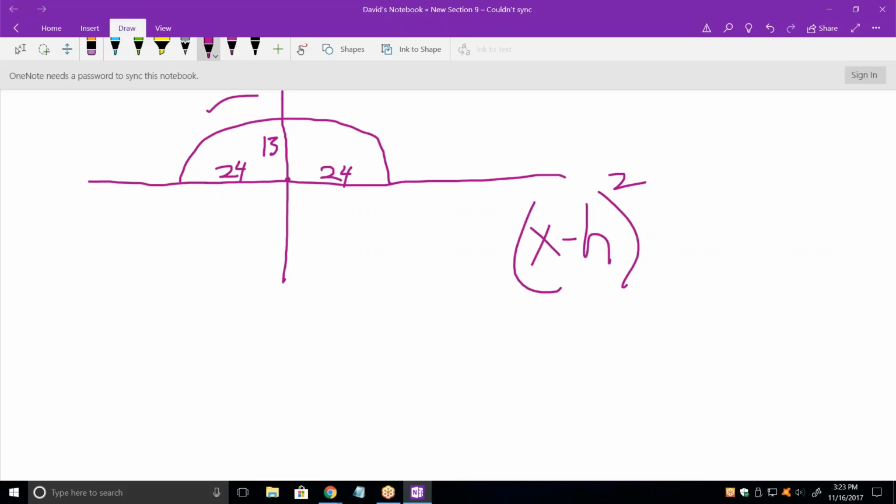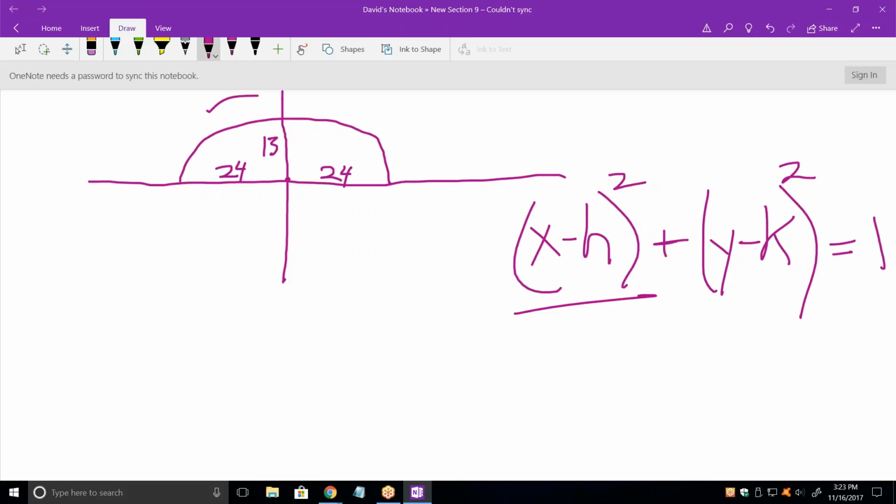Okay, what's the rest? Is it the h minus, or is it x minus h, or is it written differently? It's y minus k. It's a lot like a circle. An ellipse is not that different than a circle. Here's the key difference. There are denominators under the ellipse.